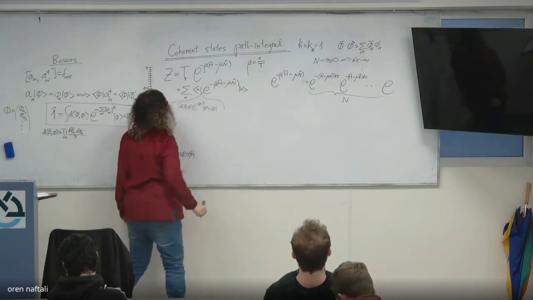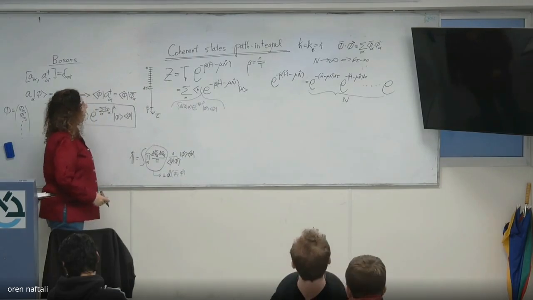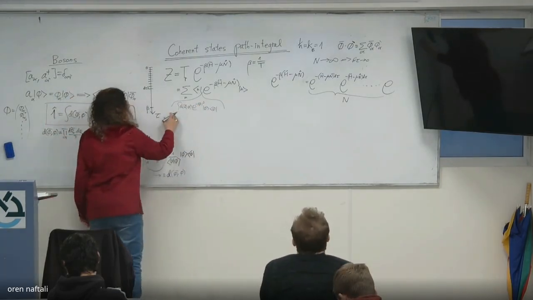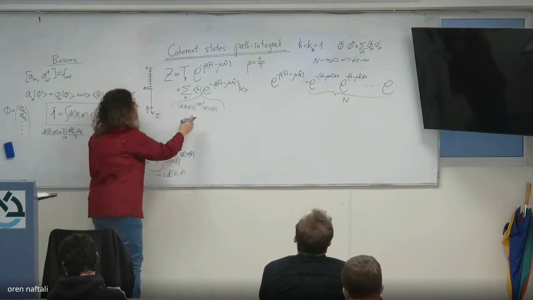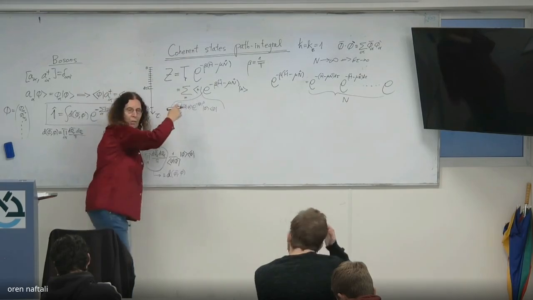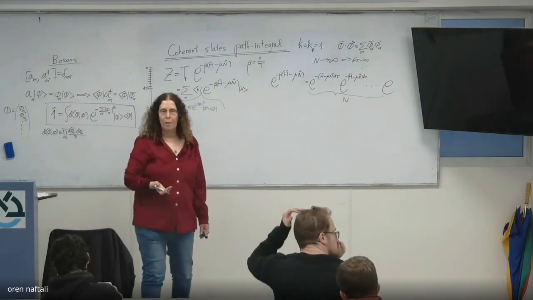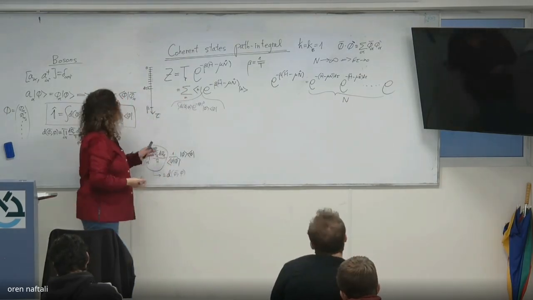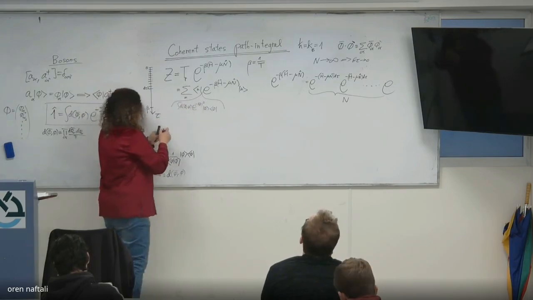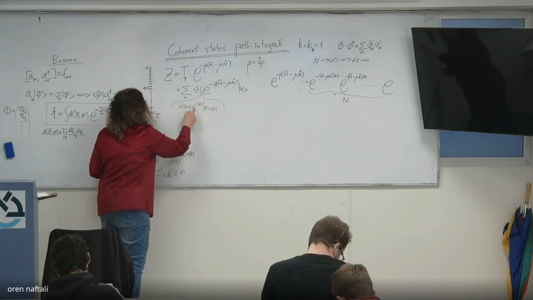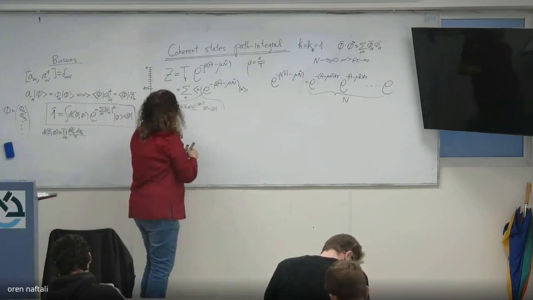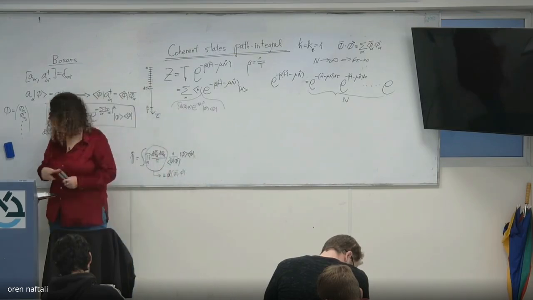Now, I can take the integral sign and this exponential and move them to the beginning, right? Because they are just numbers, I can change the order of the sign and integral. I can take this factor and move it to the beginning.